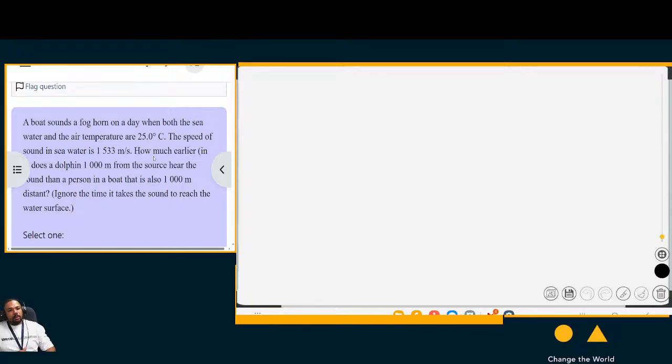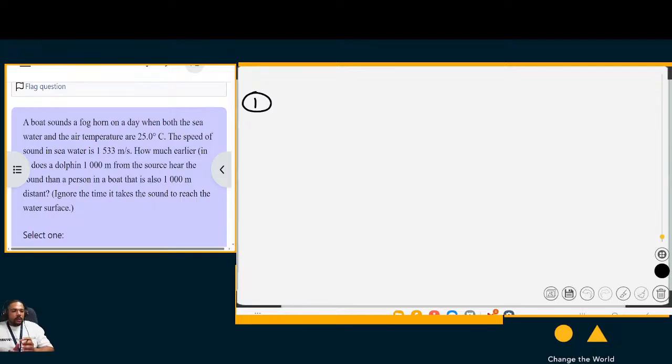So next problem. Problem number 1 for sound waves now. A boat sounds a foghorn on a day when both the sea water and the air temperature is 25 degrees Celsius.